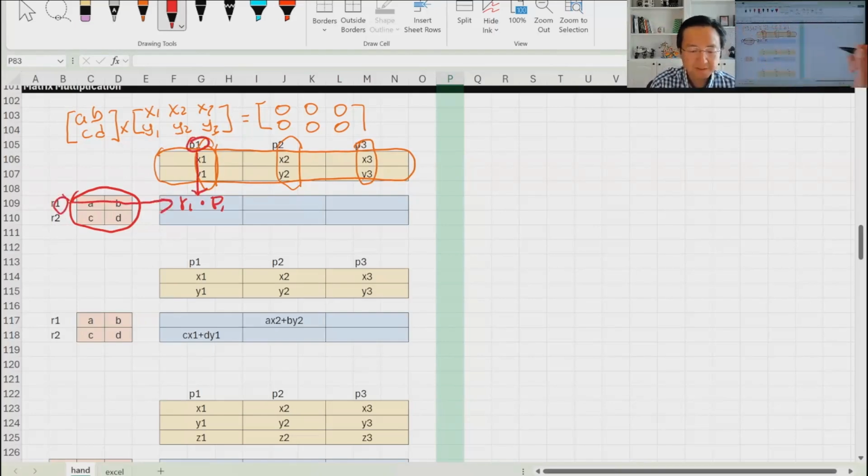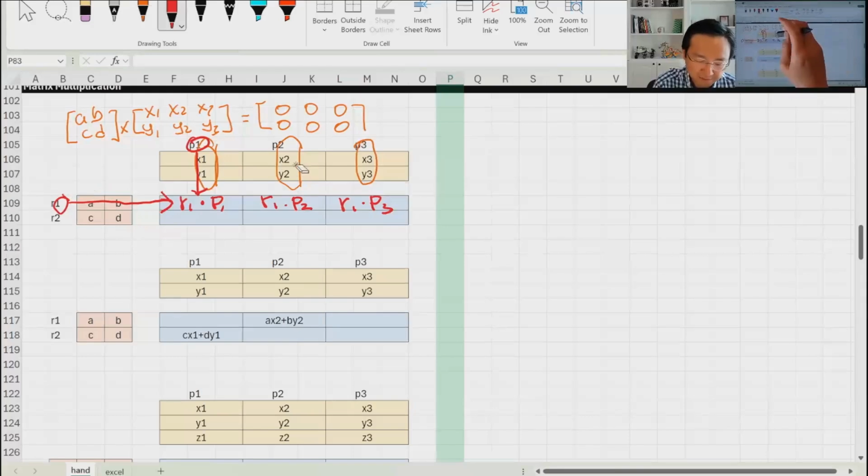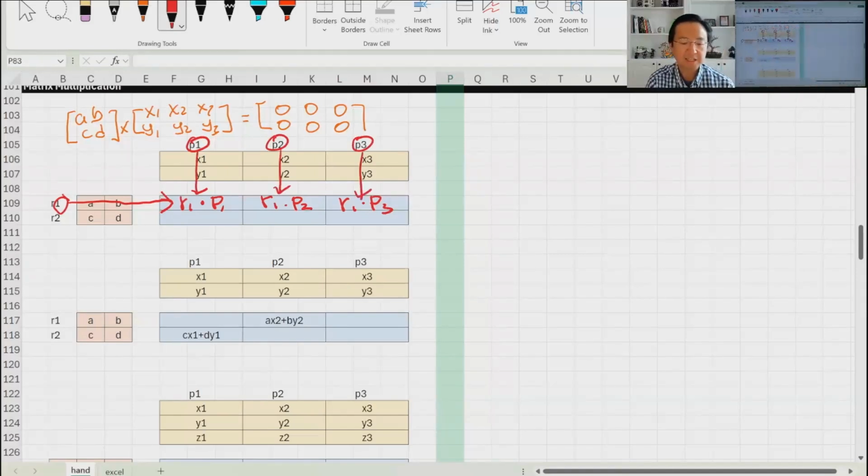Then this is R1 dot P2, R1 dot P3. You can just look at how they intersect, and you'll be able to determine which two vectors you should dot together. It's quite cleaner this way. Similarly, the second row is R2 dot P1, R2 dot P2, and R2 dot P3. You can easily lay it out.